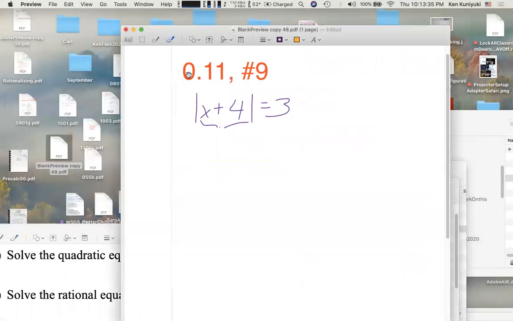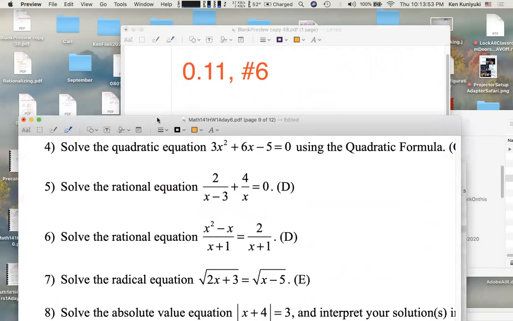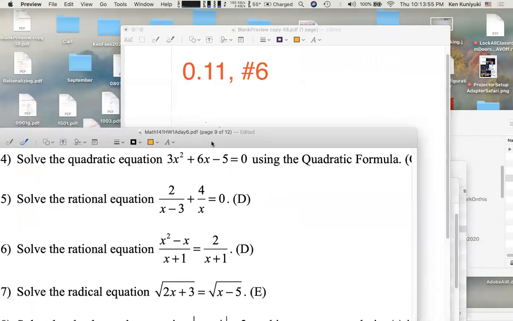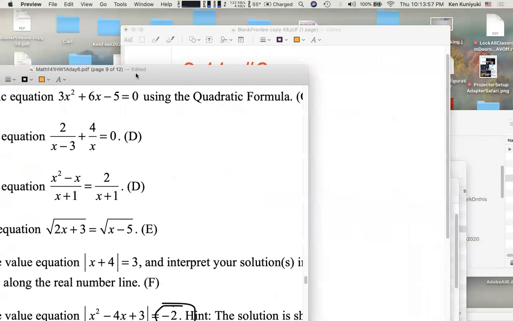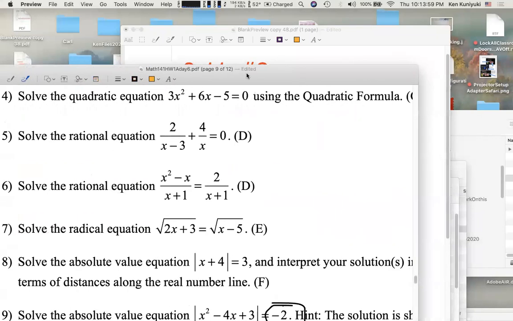All right, so I can just erase this. Okay, so doing a rational equation. All right, so I'll do number 6.